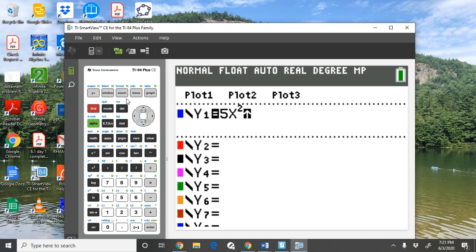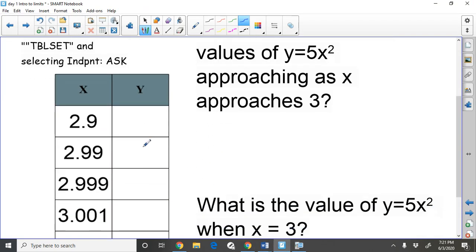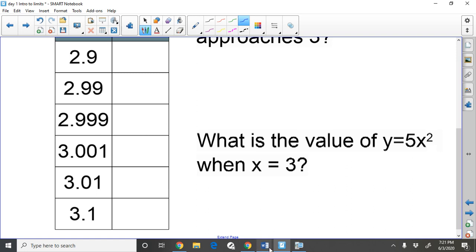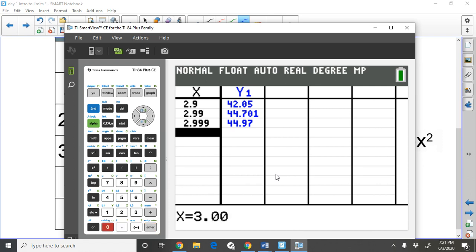And I'm going to go to my table, where now I'm going to type in the x coordinates. And the numbers I'm going to type in are these numbers that we have here. So I'm going to put in 2.9, 2.99, 2.999. So I'm 1/10, 1/100th, and 1/1000th away from 3. And then we go same 1/1000th away above it, 1/100th away above it, and 1/10th above it.